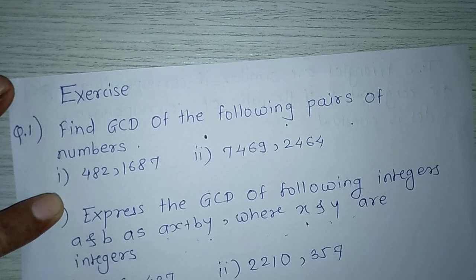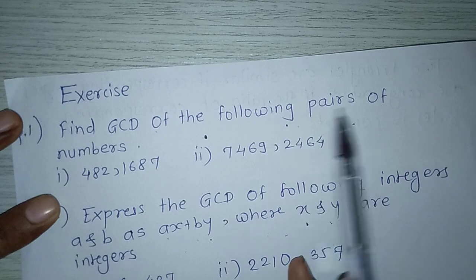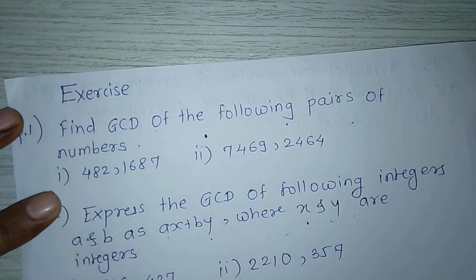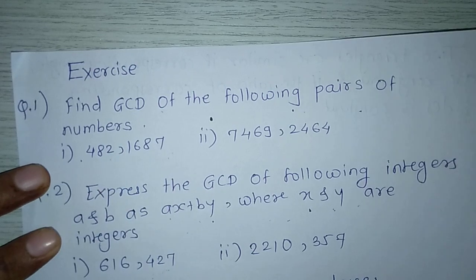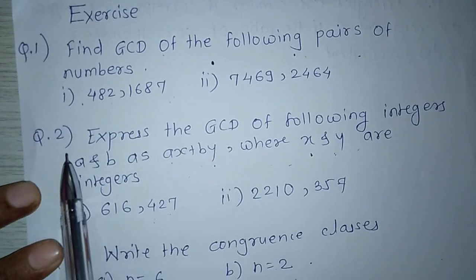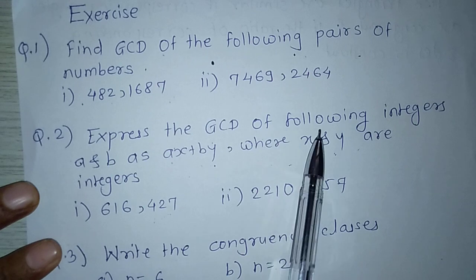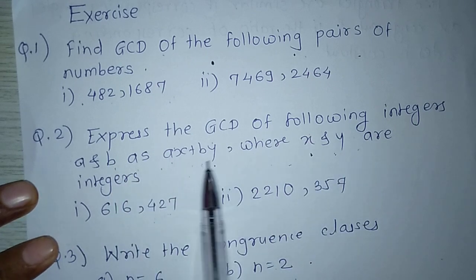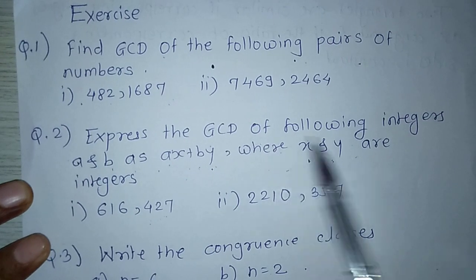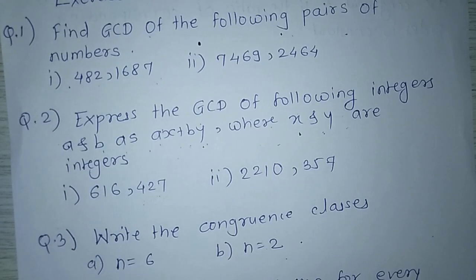Exercise question number 1. Find the GCD of the following pairs of numbers. By Euclid's algorithm, we can find the GCD of these two integers. Question number 2. Express the GCD of the following integers a and b as a times x plus b times y, where x and y are integers.